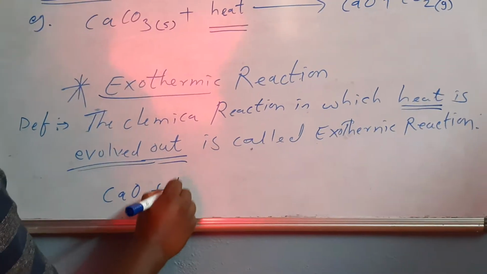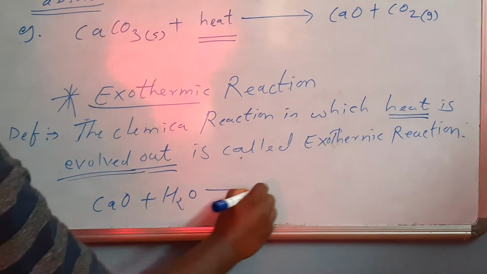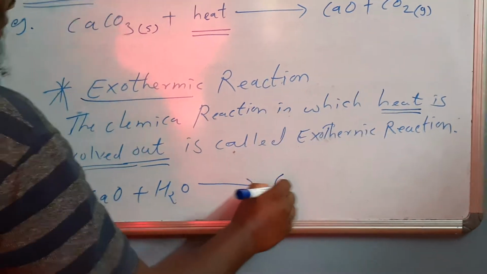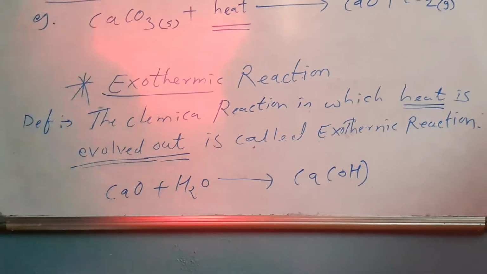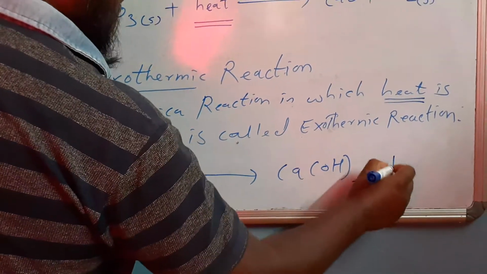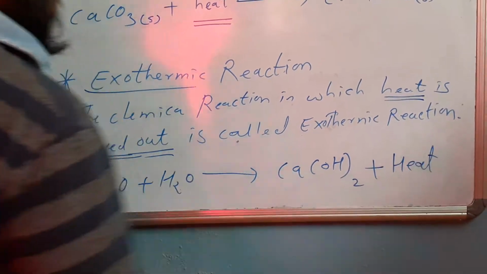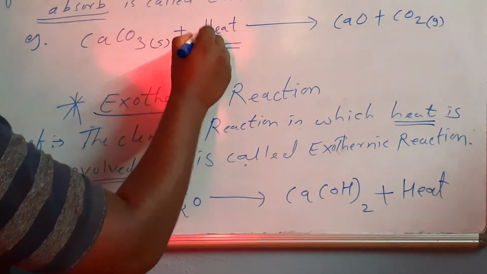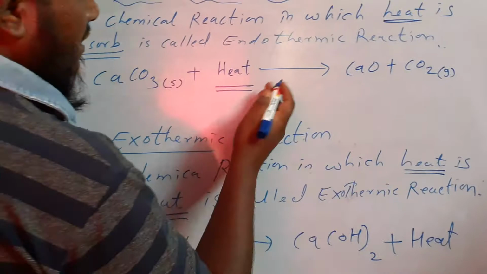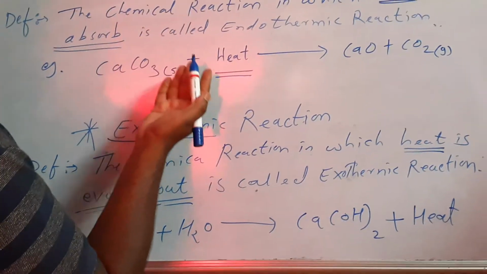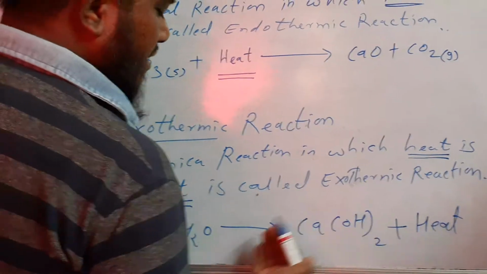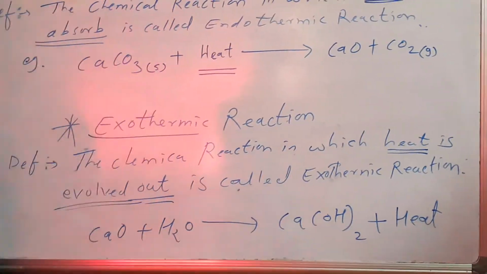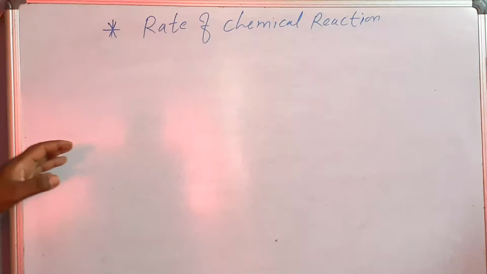CaO plus H2O gives Ca(OH)2, calcium hydroxide, plus heat. As I have explained, if the word heat is written before the arrow, it is an endothermic reaction. If the word heat is written after the arrow, it is called an exothermic reaction.